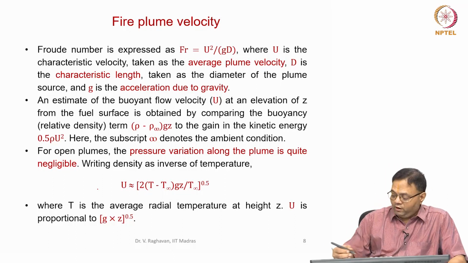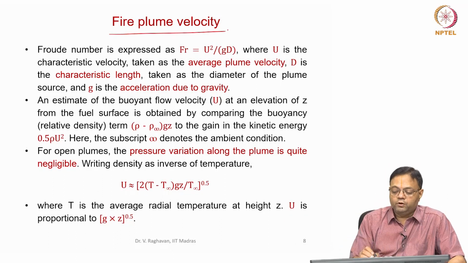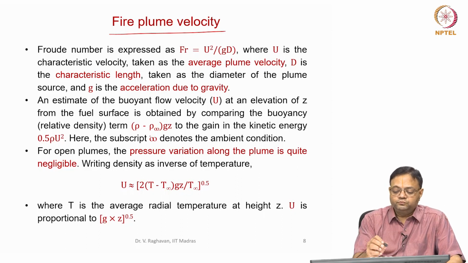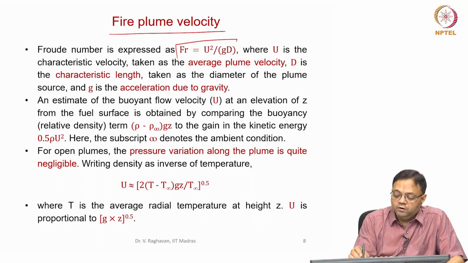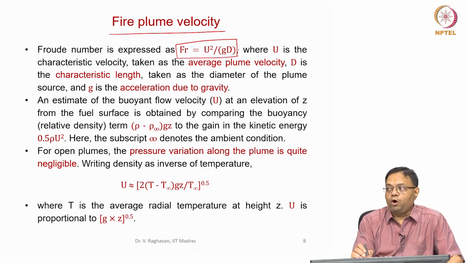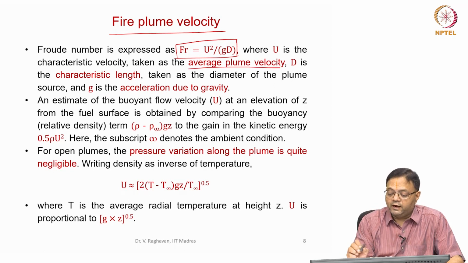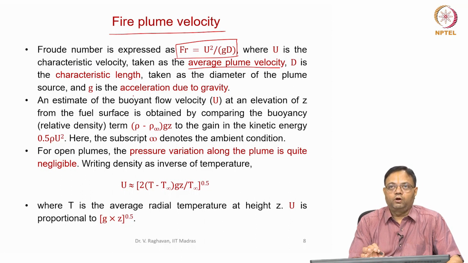So, now what is the velocity of a fire plume? Fire plume velocity. For that we have already seen a non-dimensional number called the Froude number, u squared by g d. U is the characteristic velocity, that is taken as the average plume velocity.